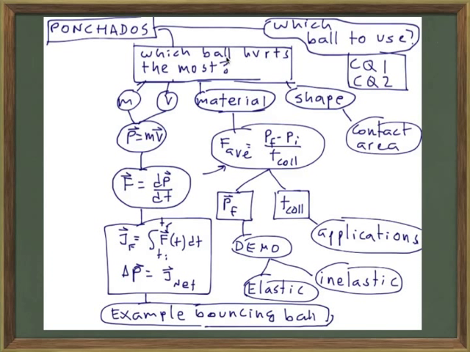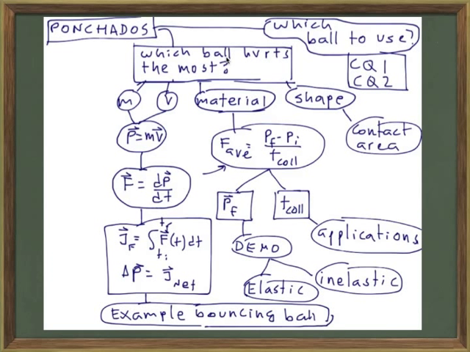From the material we looked at the average force, right, which is the change in momentum divided by the collision time. So the material shows up in two places in this equation: in the final momentum and in the collision time, right? Elastic and inelastic collisions have different final momentums, right?